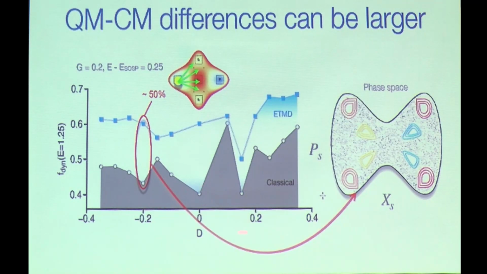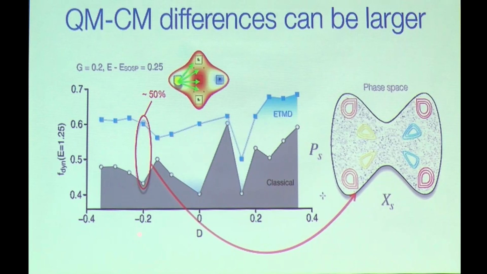As you vary D from negative to positive, right here you can see that the difference is almost 50%. That is a pretty large difference. So quantum mechanics is now saying that this is essentially dynamically concerted, whereas the classical will predict something different. All of these trajectories were launched from the reactant part of the potential here.